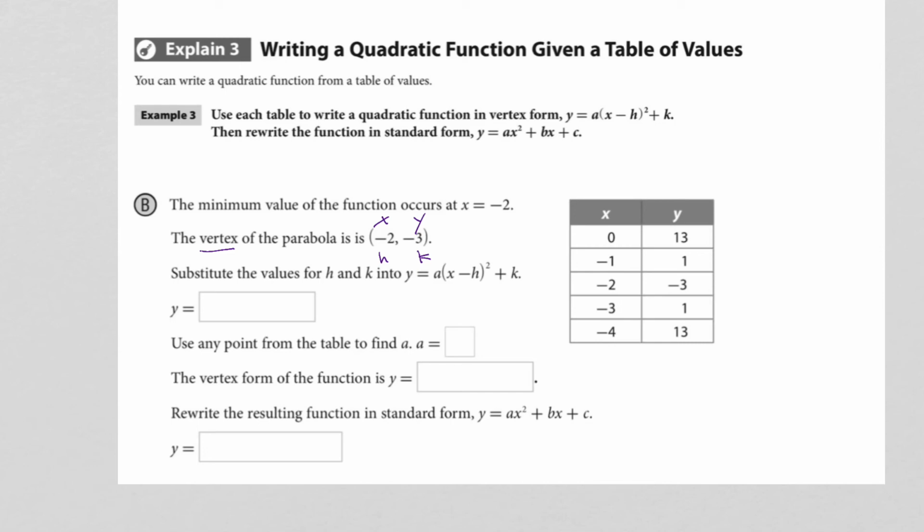Well, before we get too far along, let's just plug in h and k. So we have y is equal to a times x, and it says h here is negative 2, so this is going to be plus 2 squared, and k is negative 3.